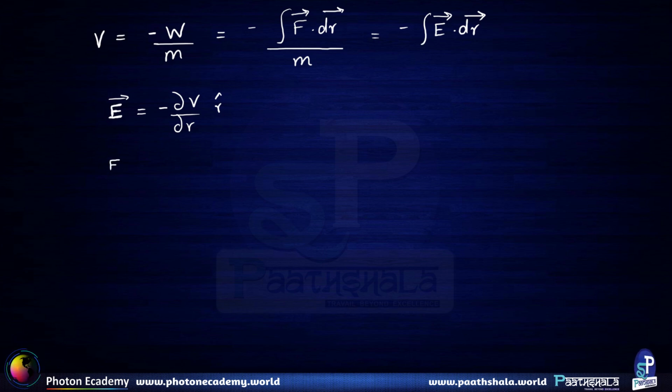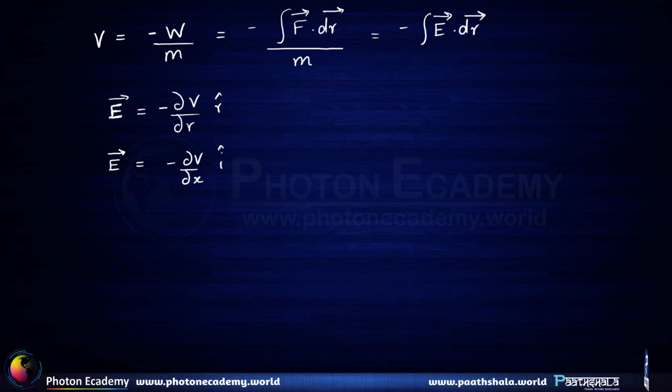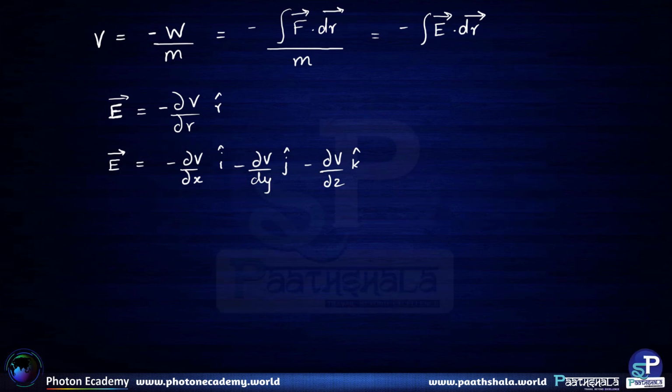If Cartesian coordinates are given, then E is equal to minus del V upon del x i cap, minus del V upon del y j cap, minus del V upon del z k cap.